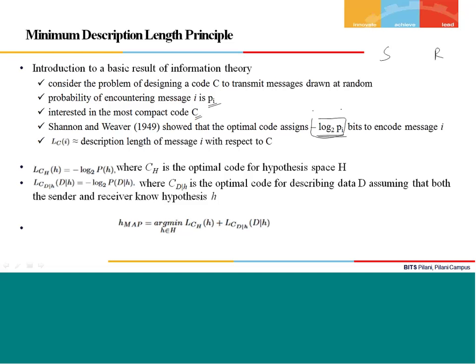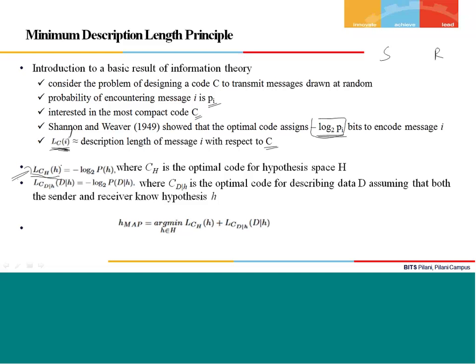So I am representing the description length of a message i with respect to C. This is the description length of that message i when I am using that code C. So L_C1(h) is the optimal code for hypothesis h, when I am representing my hypothesis with some code.